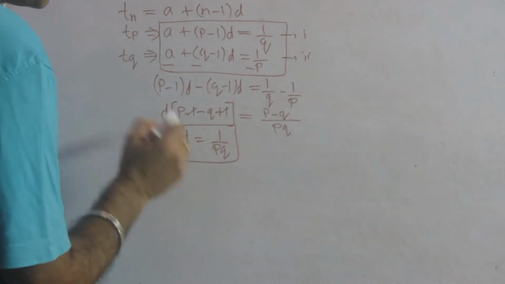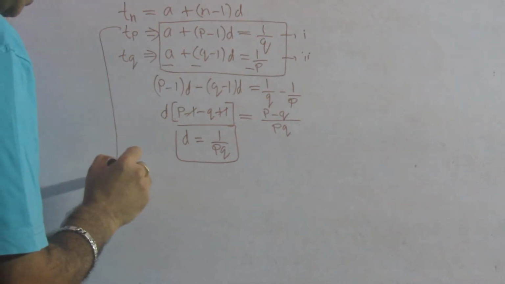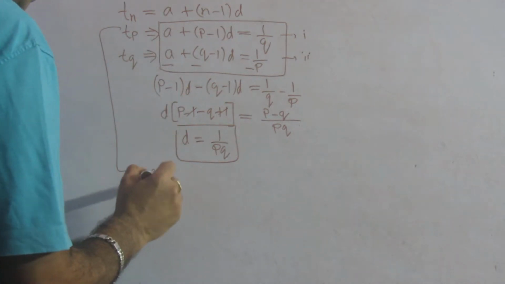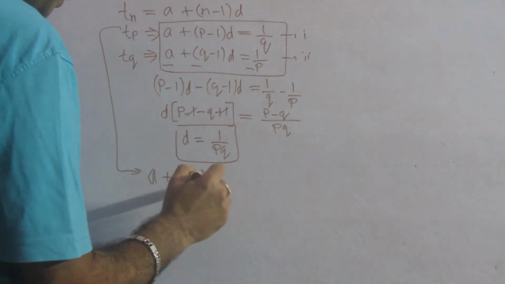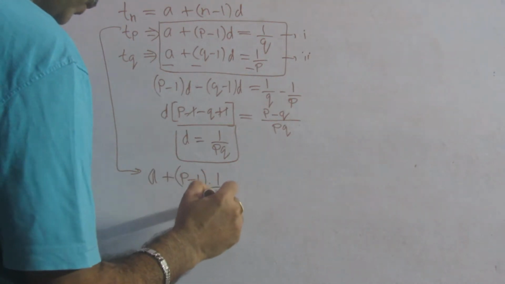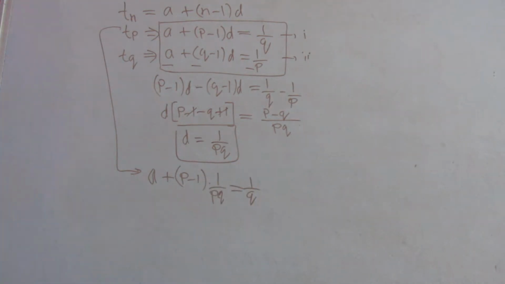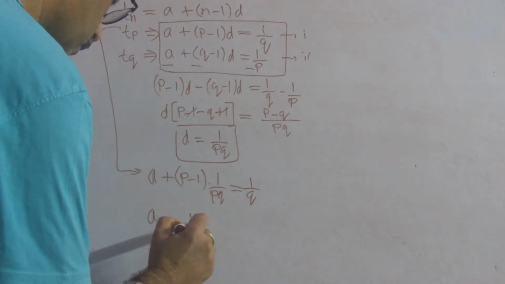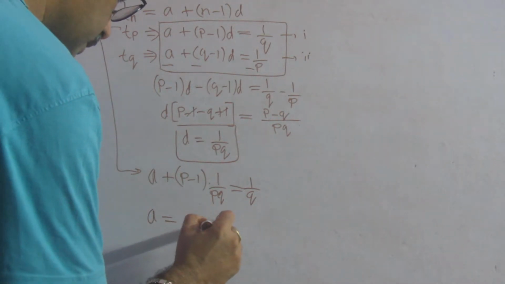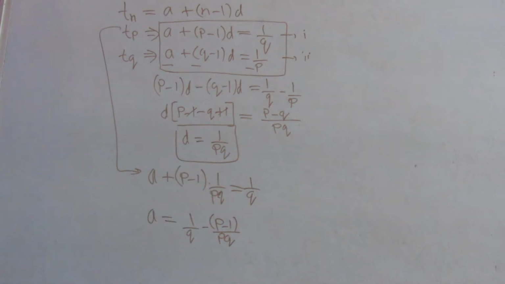Now let us put this value of d in any of the equations. Let us say I put it here, to find the value of a. So a plus (p minus 1) into 1 by pq, which is my d now, is equal to 1 by q. Now a would be equal to 1 over q minus (p minus 1) over pq. Now you would have understood we will have to take LCM.